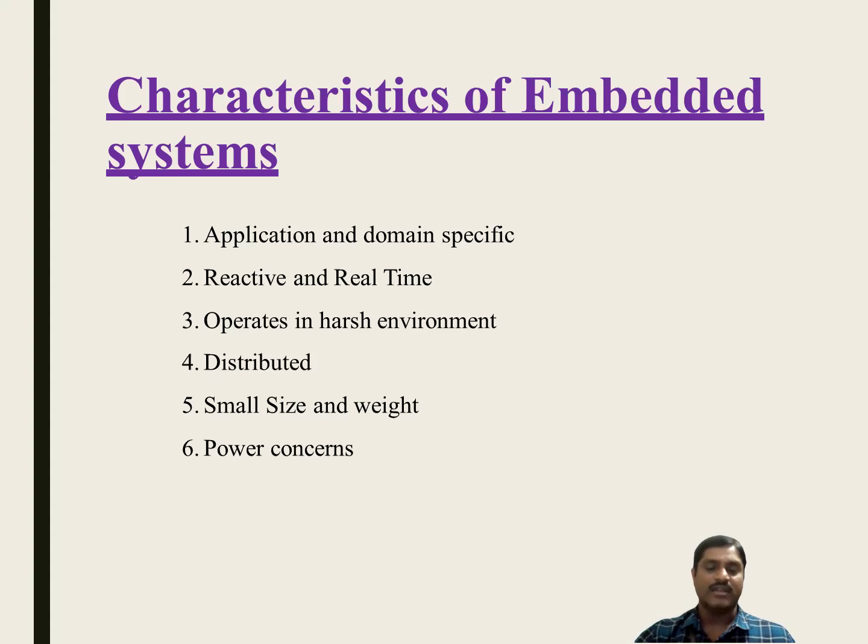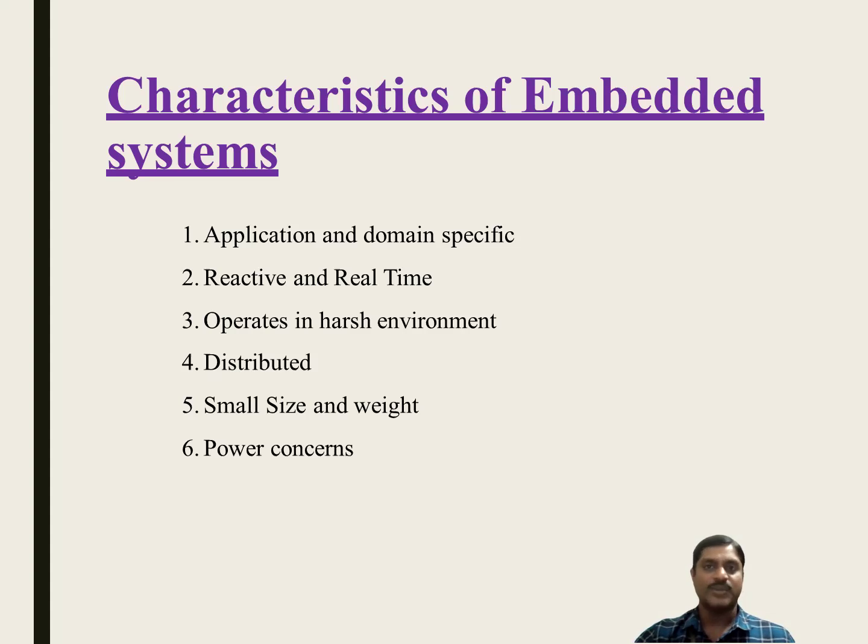Next, another characteristic of embedded systems is small size and weight. The embedded product size is an important factor in choosing the product. It is convenient to handle a compact device rather than a bulky product. Then the final characteristic is power concern.